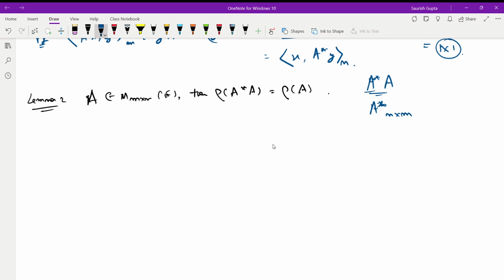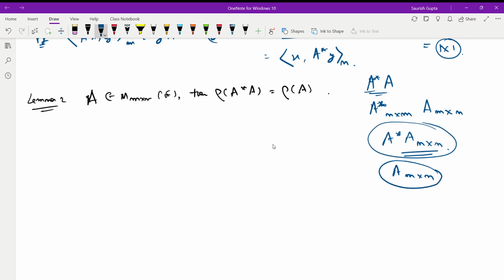A star is N cross M, and A is M cross N, so I should get A star A as an N cross N matrix, right? Moreover, A has dimension M cross N, so the rank of A can be at most N, and the rank of A star A can also be at most N.